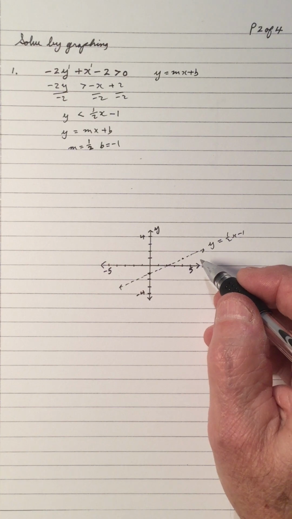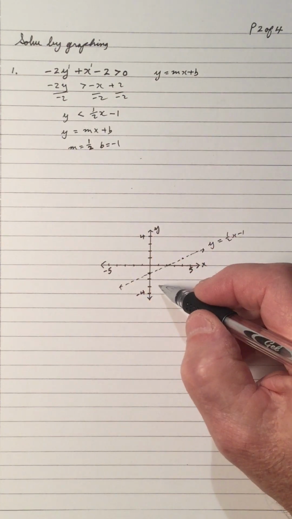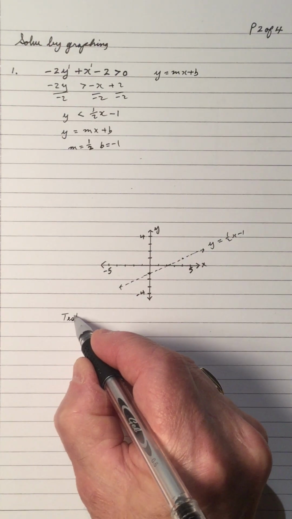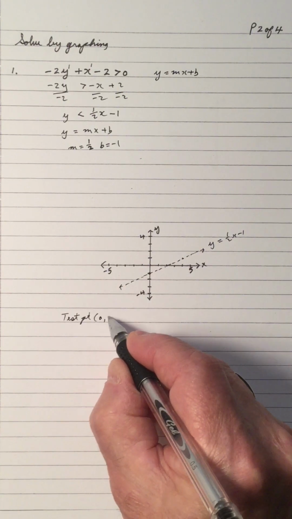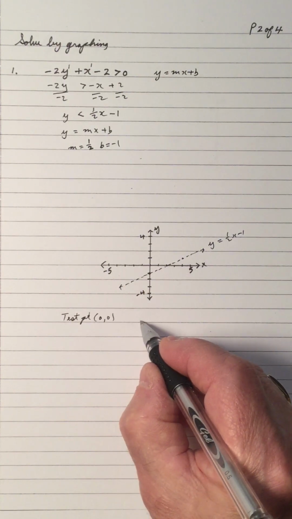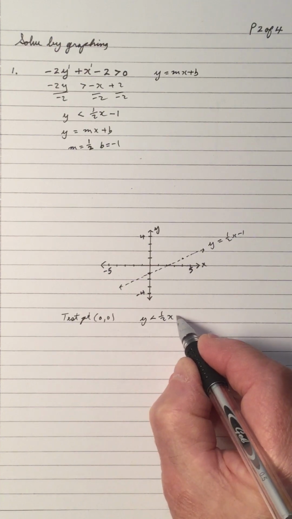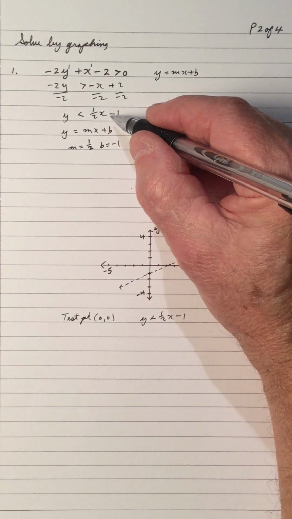So we have to shade, and in relation to the line, less than is below, but to test that, let's use a test point. The test point I like to use, if I can, is 0, 0, because it's the easiest to plug in. So y is less than a half x minus 1 is the inequality worked out.